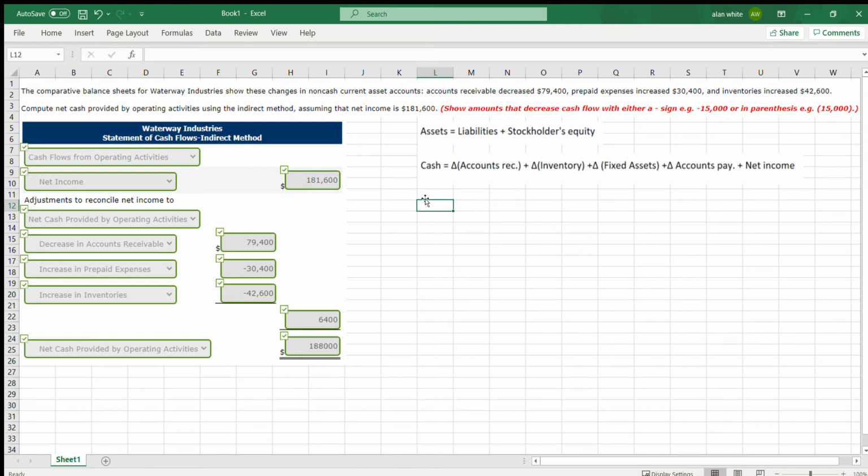And so really quick, I just want to explain the difference between the direct method for the statement of cash flows and the indirect method. For the direct method, it's actually simpler to figure out your net cash, because you'll just add all of the values in your cash account.